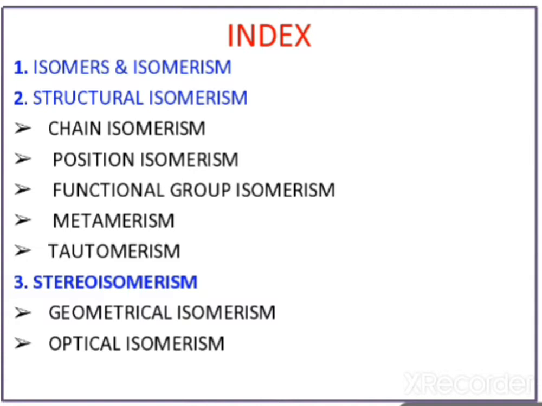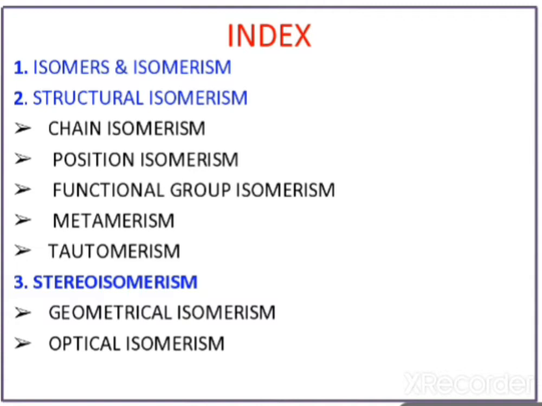And stereoisomerism is when the compound is arranged in three dimensions in space. For example, you have seen the tetrahedral structure of methane, which is a stereo structure. Why? Because the four hydrogen atoms have a tetrahedral orientation in space.